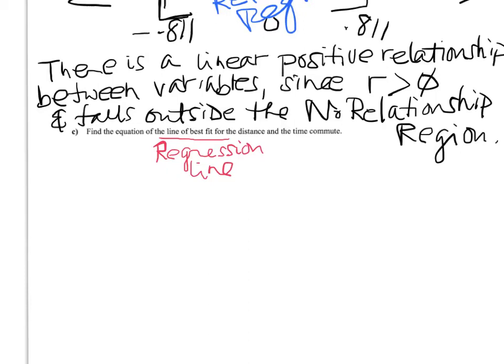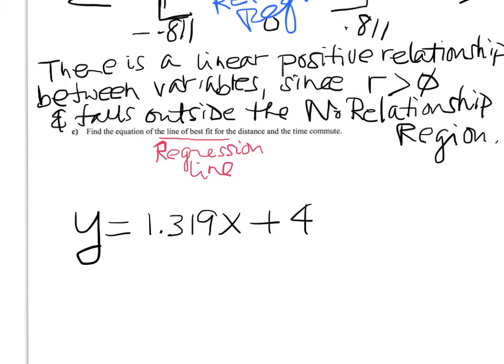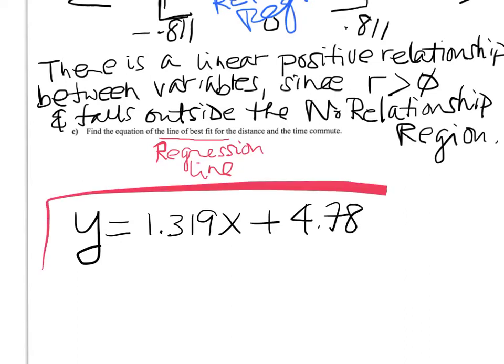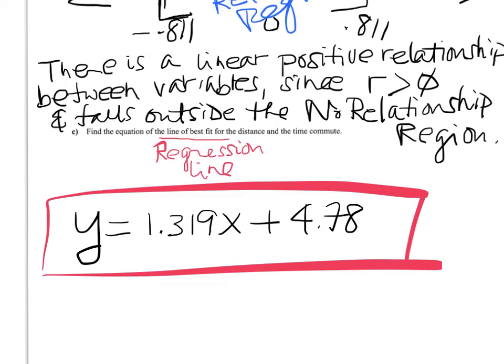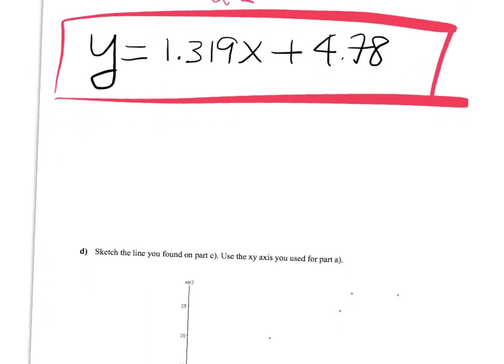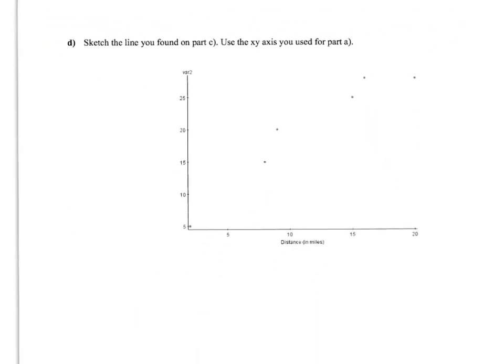Using the same command, you can find your regression line, and you get that y is equal to your a value, your slope, 1.319, plus 4.78. Again, there's no calculation here. You're finding this using your calculator. Okay, part C done.